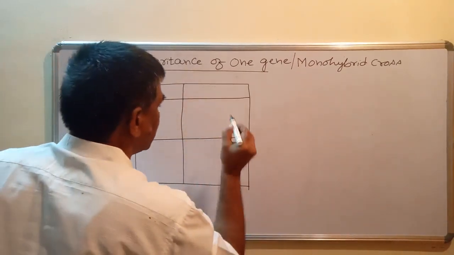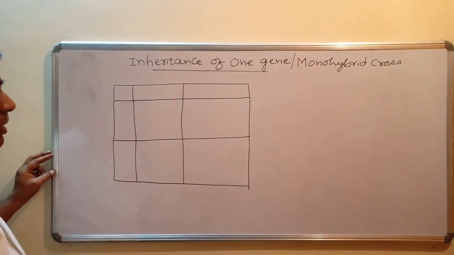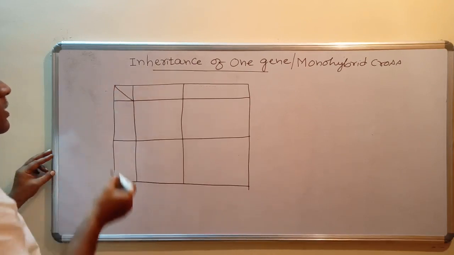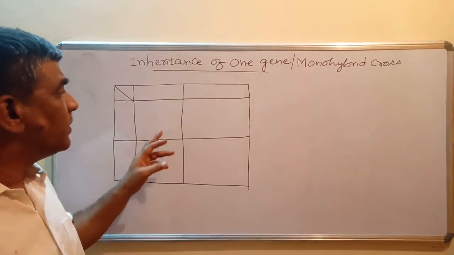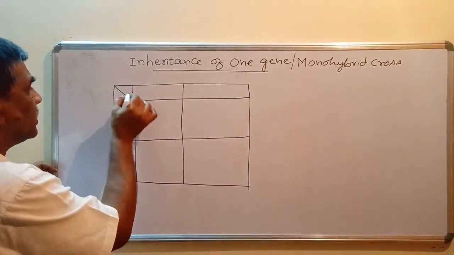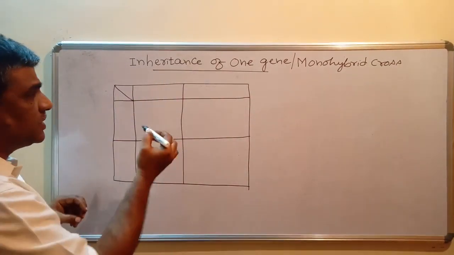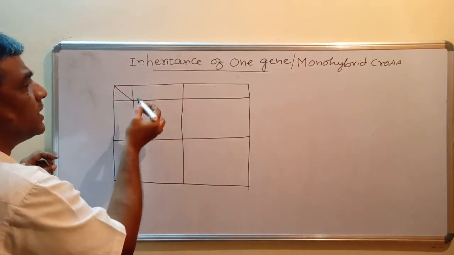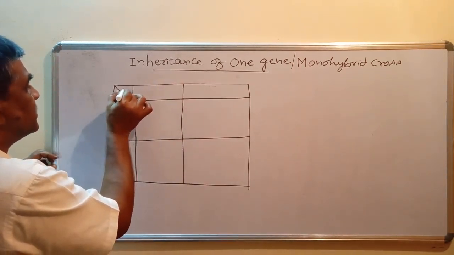So now this is what we call a Punnett square. With the help of the Punnett square, we can understand the possible combinations in the F2 generation. Later I will tell you what a Punnett square is. Now I will just explain the inheritance of one gene in the second generation.